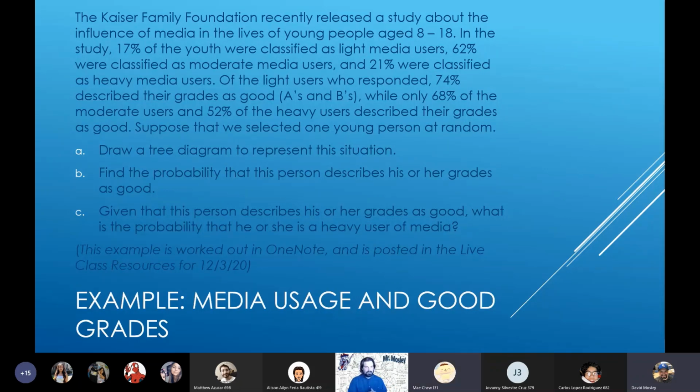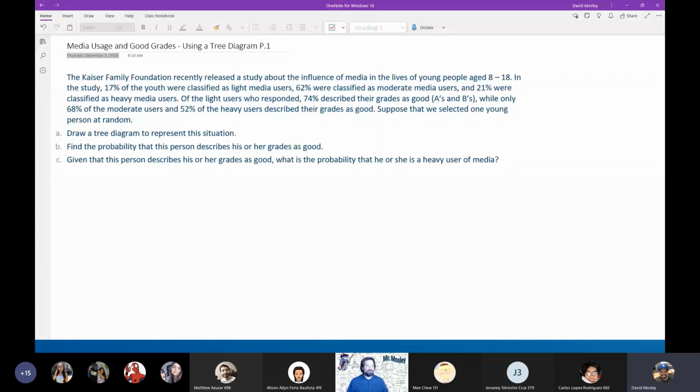You guys okay staying? Yes, please. I don't hear anyone saying no so far. So here's what we're going to do. I've got it in OneNote because I don't have enough space to work through the whole problem here. So we're going to jump over to OneNote so we can work this bad boy out.